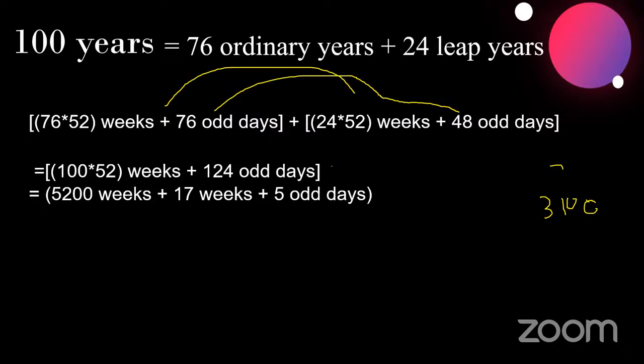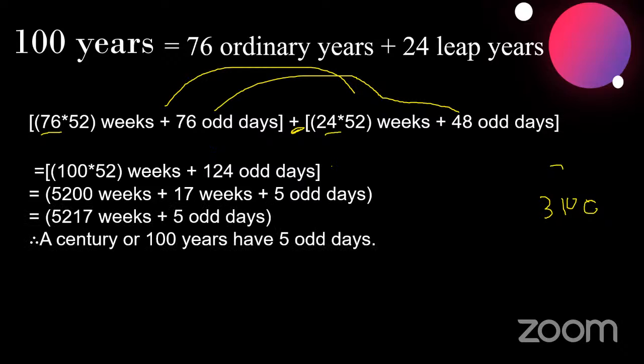Ma'am, it shows multiply. No, 76 and 24 is 100, right? Ma'am, it is telling to multiply, no? Yes, we have addition, right? Oh, okay. So we are calculating that. So how many odd days will we be getting? We have 5 odd days. You just do this calculation by today. You know this, right? You know this line, right?